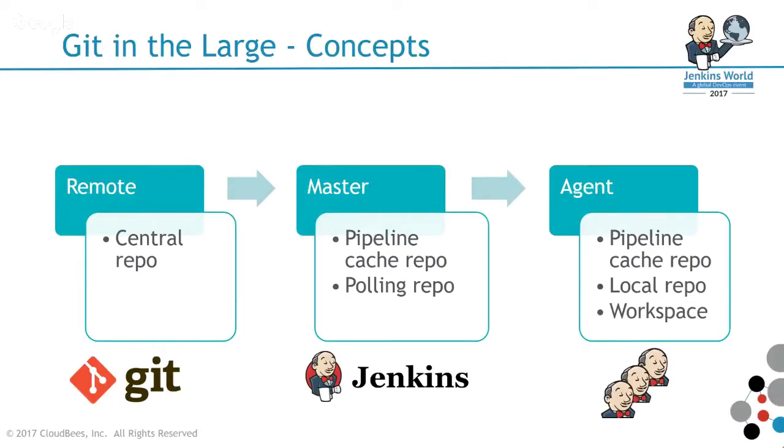There are other things you can do that will help you on Jenkins agents, where the pipeline cache is, where you've got the local repository copy, and where you've got a workspace. Each of those three areas has different things which can help them, and those different things may be applied in different ways in your environment. So it'll help you to understand which things apply where.